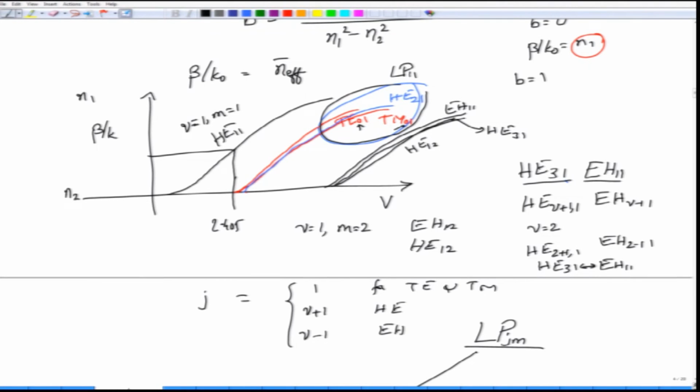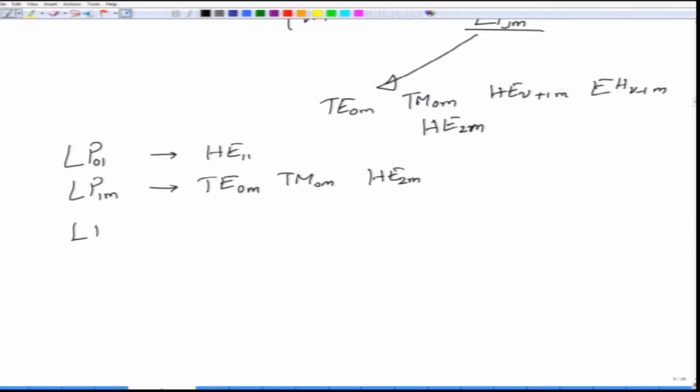So you end up with LP11 mode. Then if you combine this HE31 and EH11 type of modes together, okay, then you will get the modes LP nu M, where nu is greater than or equal to 2. Okay. This comes from combining HE nu plus 1 M and EH nu minus 1 M.